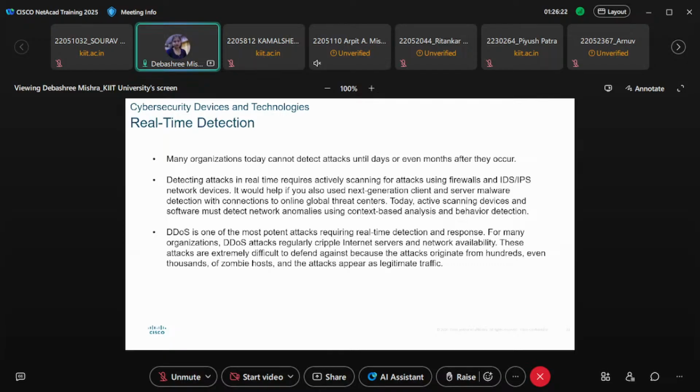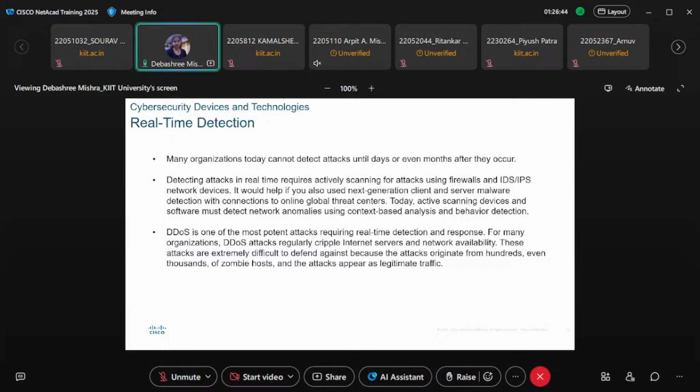Now the most potential attack is denial of service, that is DDoS, which requires real-time detection and response, because DDoS is an attack which is regularly creeping into internet servers and the networks which are available.